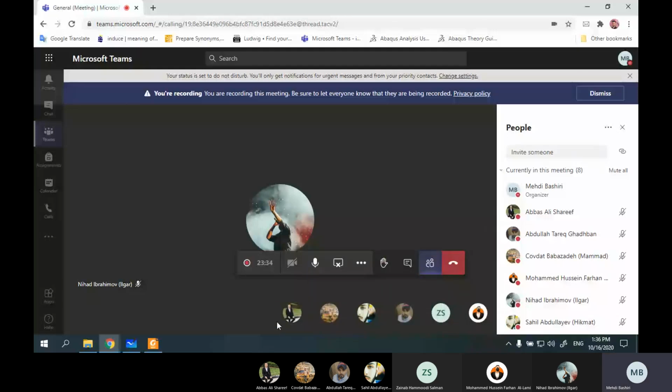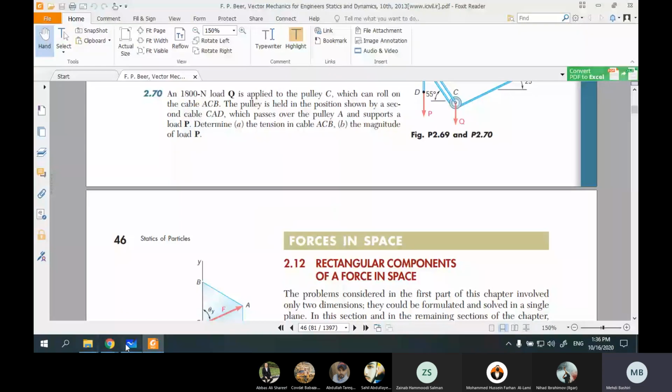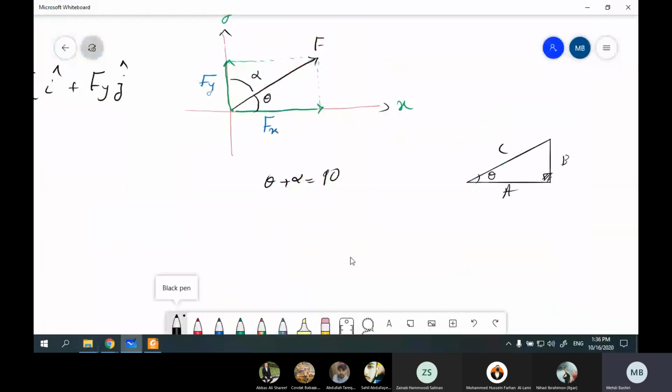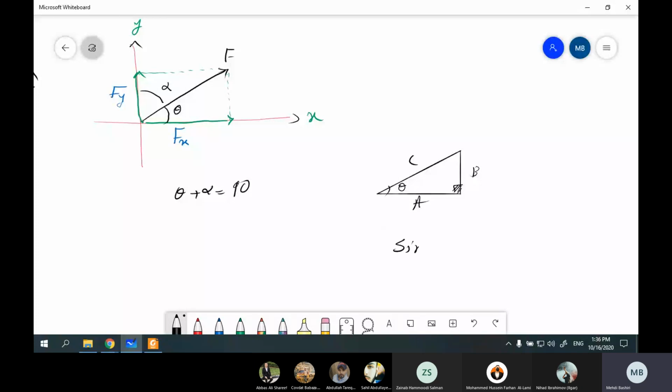Do you hear me? Yes, teacher. In this case, could you please tell me what is the sine of theta in this triangle? Sine of angle theta.